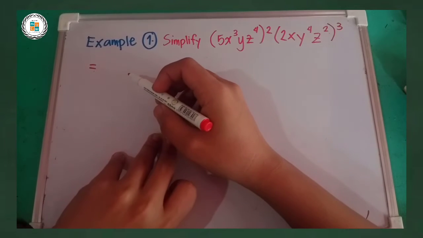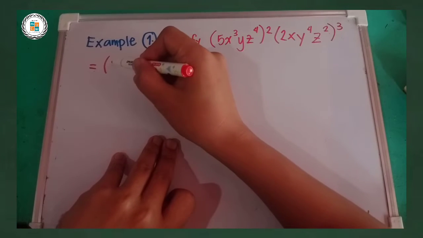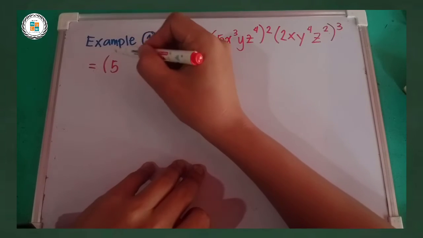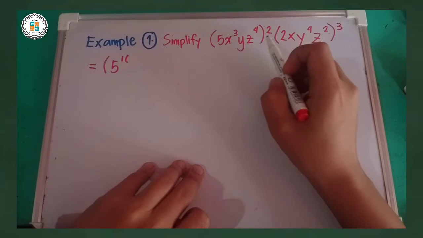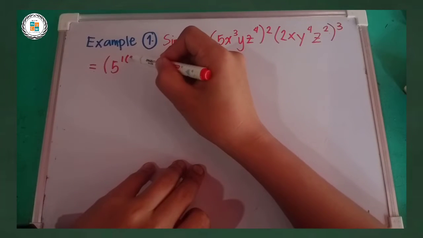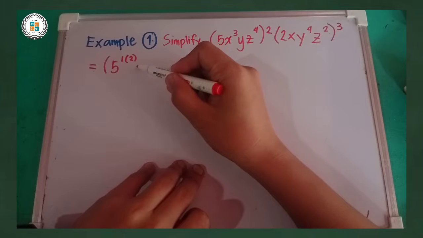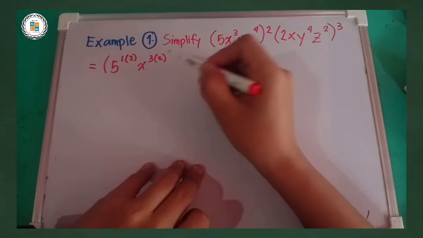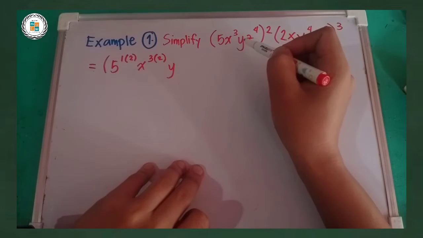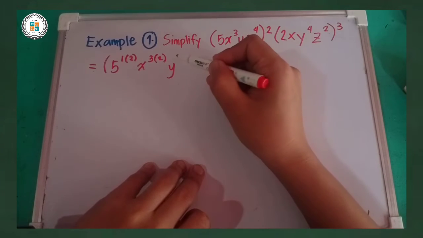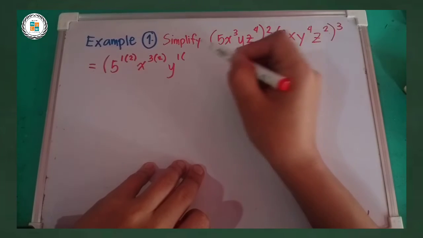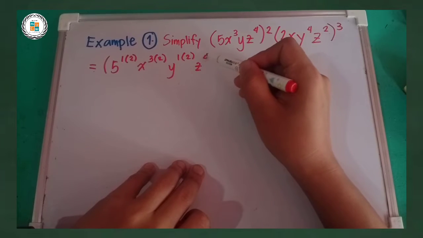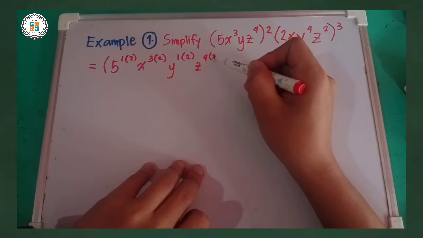So 5 is a constant and it has an exponent of 1, times the exponent outside, which is 2. Okay, please follow. Next, we have x cubed times 2, followed by y, which also has an exponent of 1, times 2, and z raised to the power of 4 times 2.